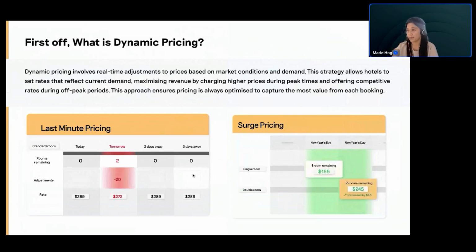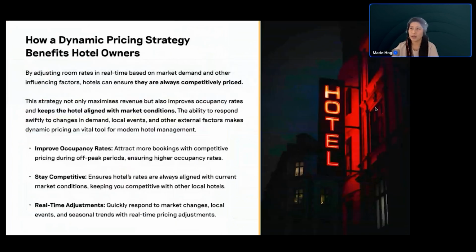This approach ensures that your pricing is always optimized, so you get the best value for each booking. Now, how does a dynamic pricing strategy benefit hotel owners? Essentially what it's doing is adjusting your price so that it's making you more competitive, be it increasing it so that you get a higher revenue when it's really busy and there's a lot of demand, or alternatively reducing the rates so that it makes you more competitive when demand is low.